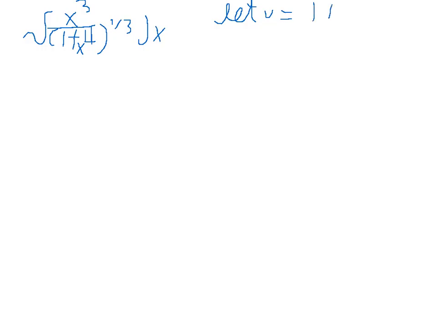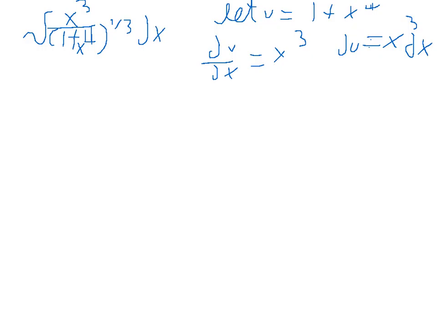So we let u equal 1 plus x to the 4th, because again that's g. So du over dx would be x to the 3rd. So du equals x to the 3rd dx. To get rid of the fraction, we made it u to the negative 1/3.